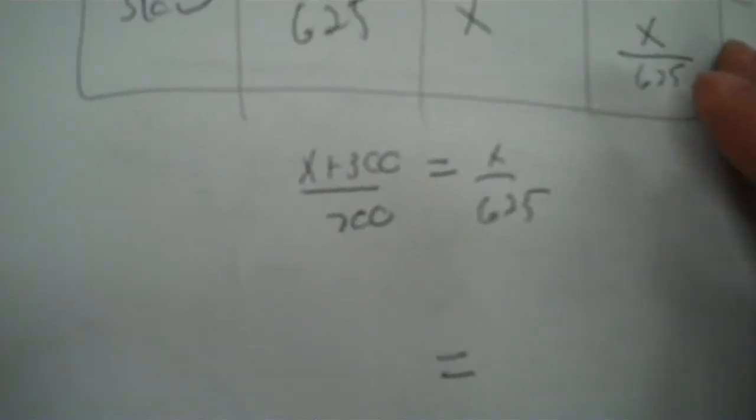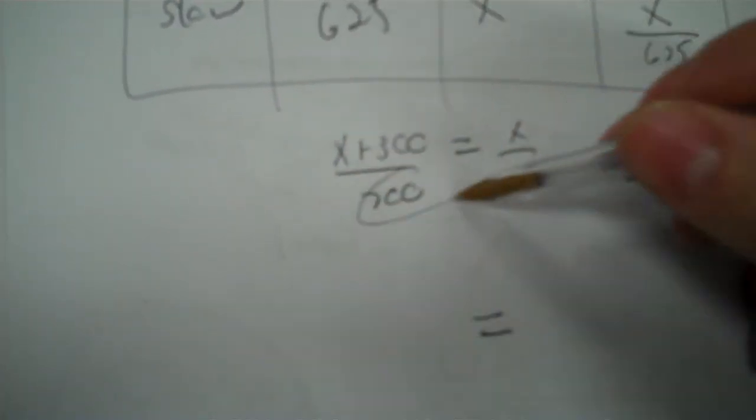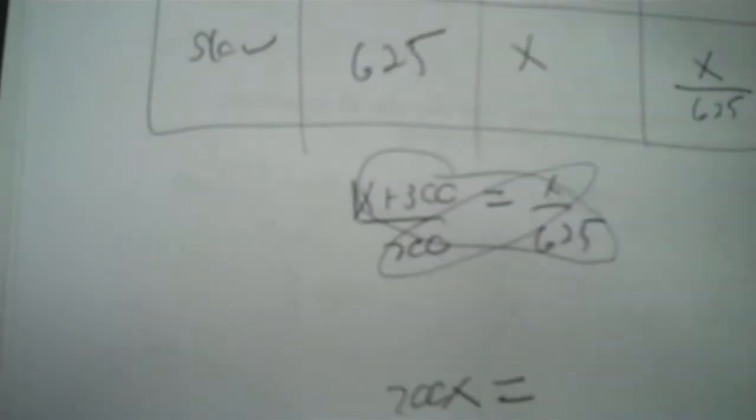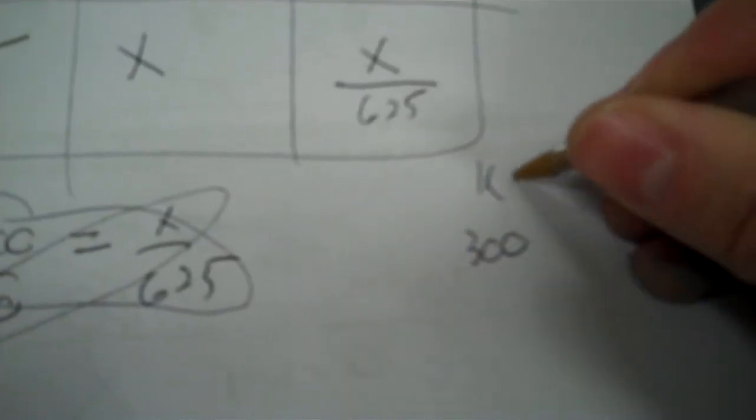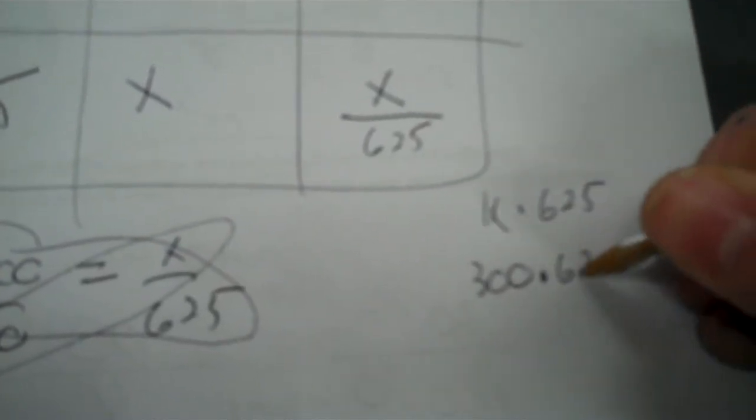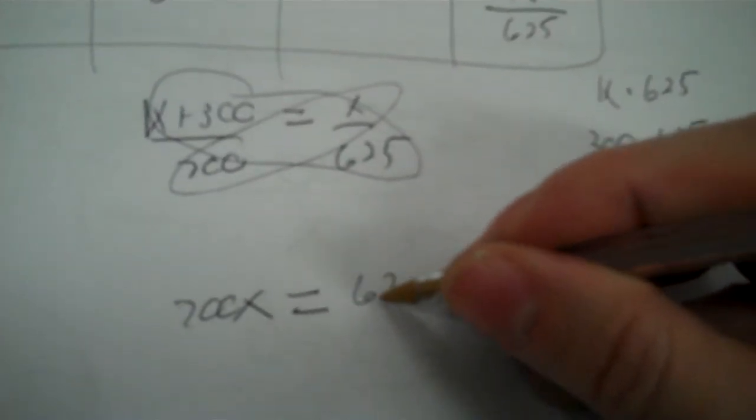And then you multiply. Okay, I would just do this one simpler, so that's 700X. This one, again, you gotta finagle because you have a 300. So you put a 1 with your X, and then you write 1X and 300 separately. Then you'll times by 625 on both of them. So it's going to be 625X.